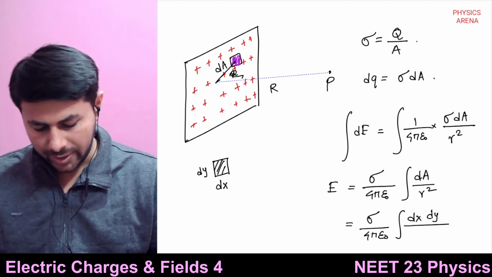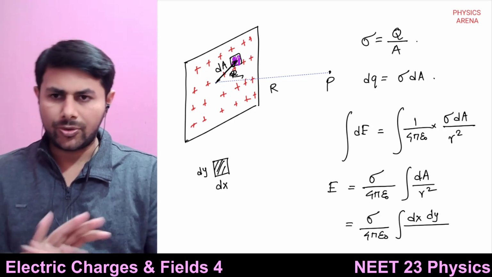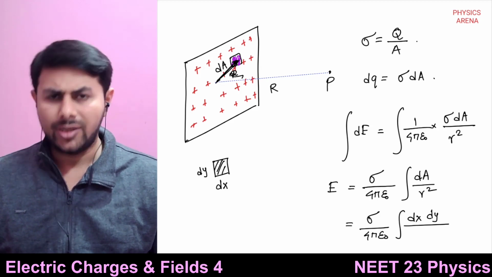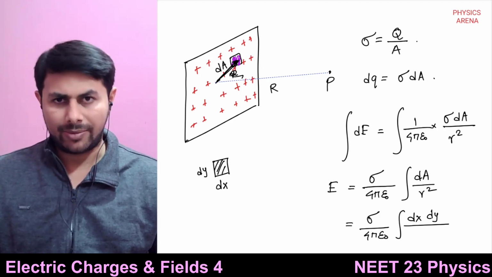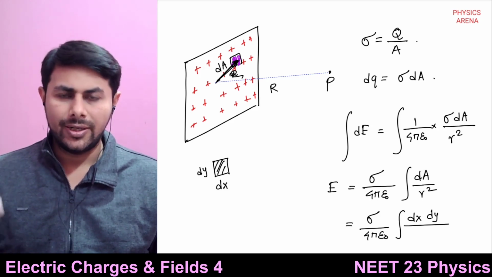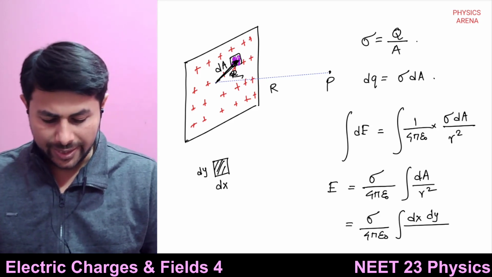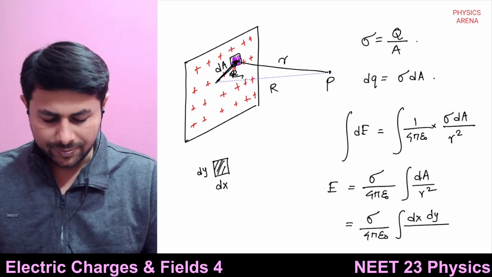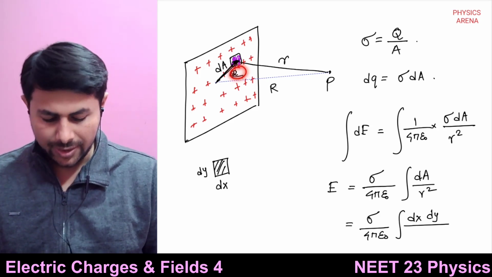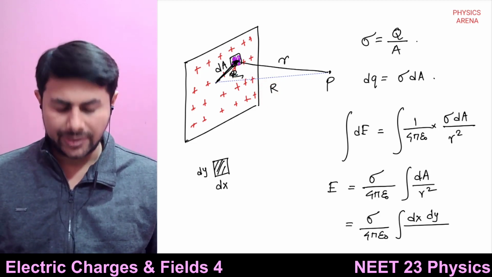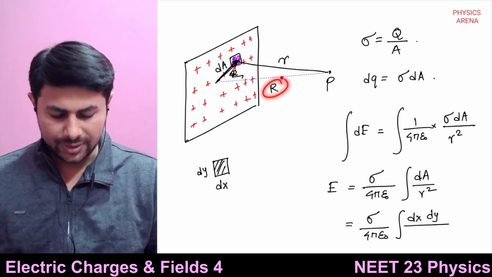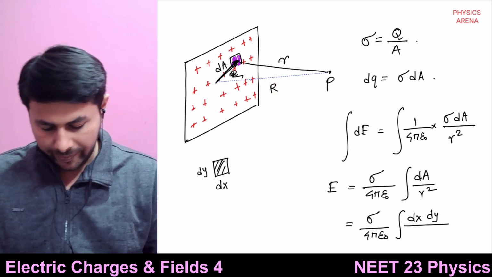So if you talk about this plane only, rho bar will be equal to x bar plus y bar. So rho square will be equal to x square plus y square, and this is small r. So small r square is rho square plus r square. That means small r square will be x square plus y square plus this r square, right?